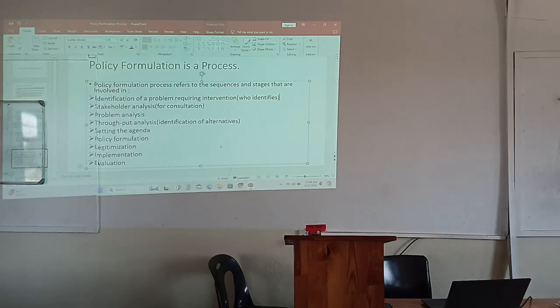Now, it's up to the director sometimes to look at the information which is generated on the ground from the public to come up with an issue where he may identify a problem. If he is good enough, it's very, very easy to identify an issue based on the reports that you are getting from your staff on the ground.